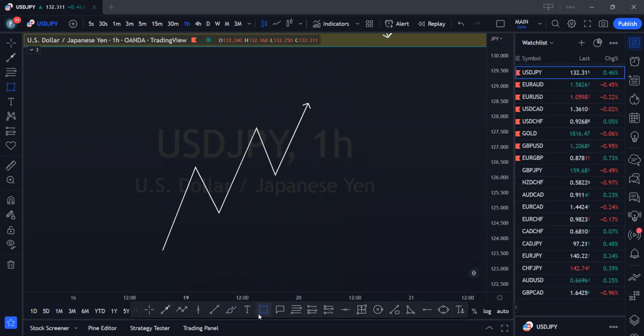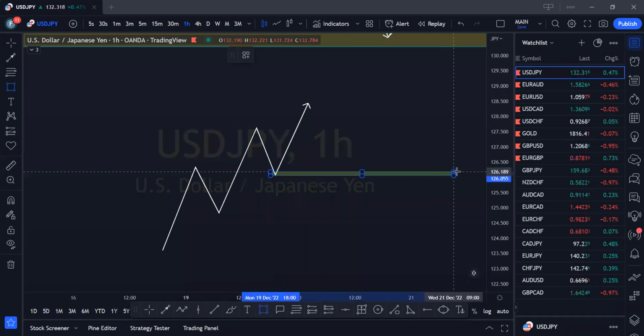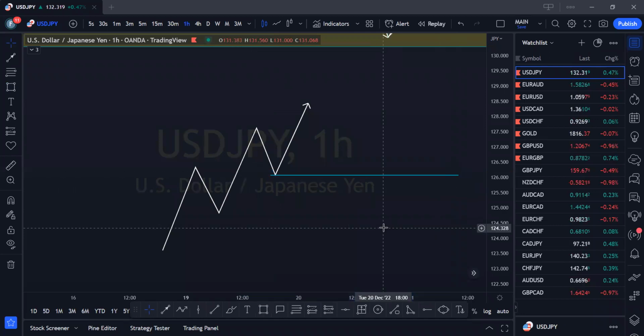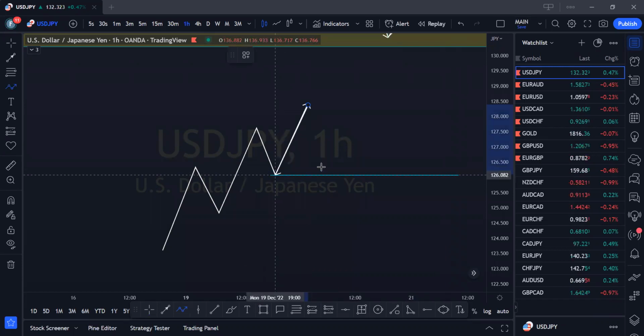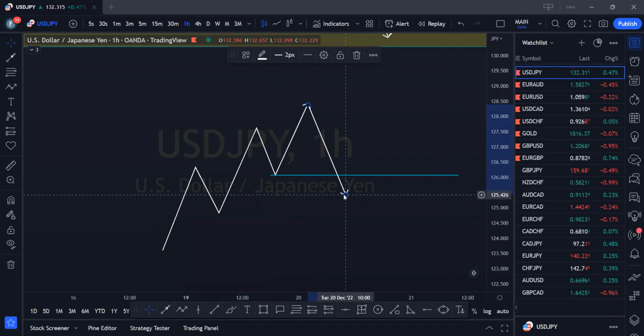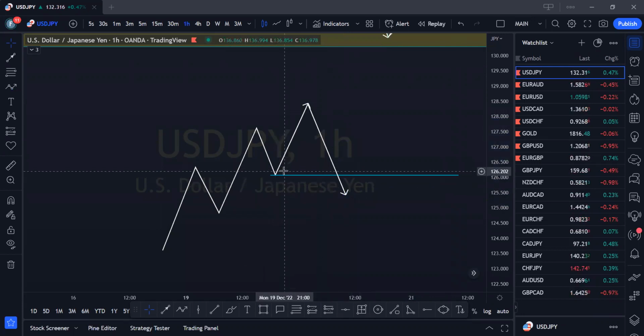So when price breaks this zone, to know that the order flow wants to shift from bullish to bearish, price needs to break this structure here. Once that break happens, that is an intention, because if truly an uptrend wants to continue, we should not really see a violation of this higher low.